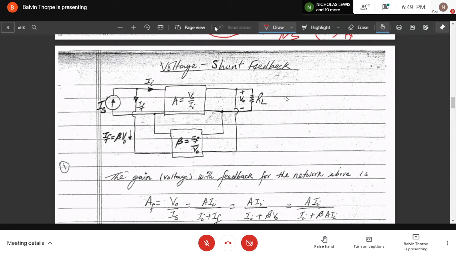Doesn't matter. We can say the gain of the amplifier, in this gain of amplifier, sorry, always I. Am I correct? Yes, sir.